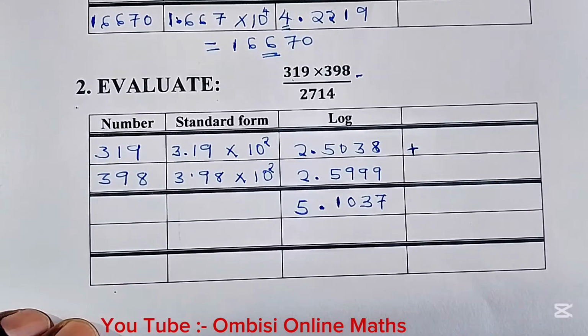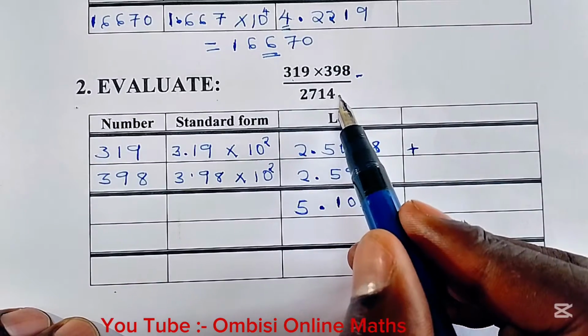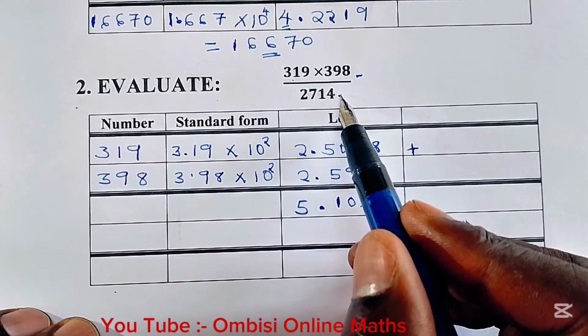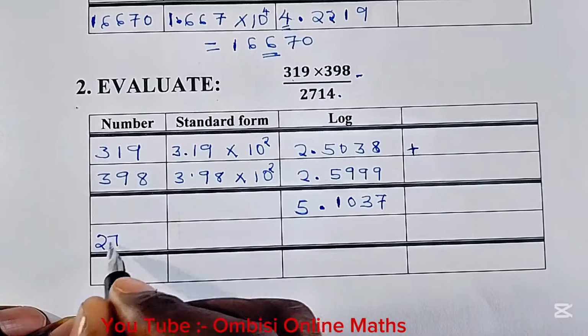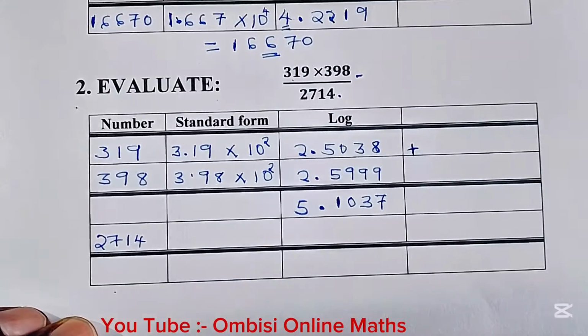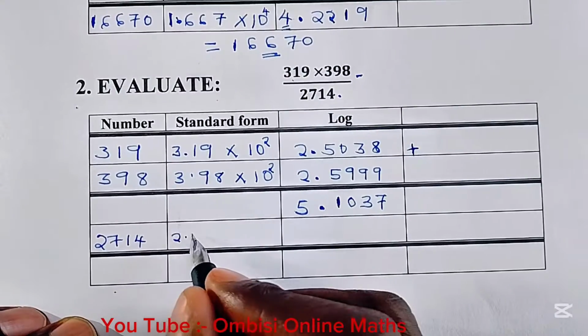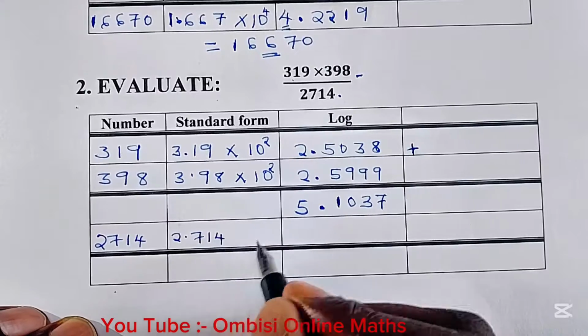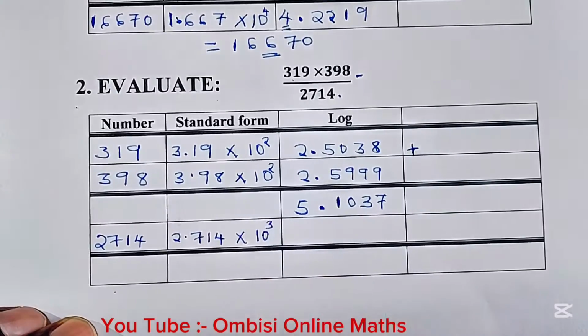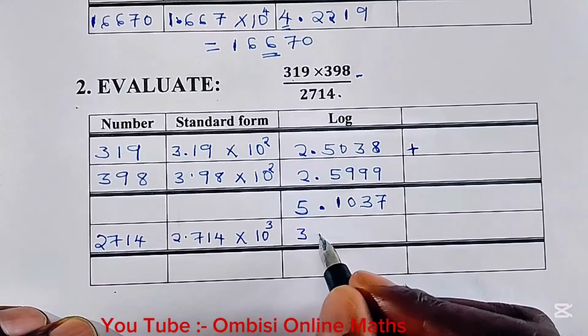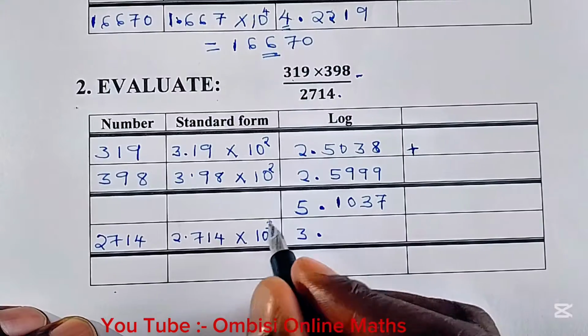Next, we have the denominator. The denominator that we have here is 2714, which is 2.714 times 10 raised to 3. So what we have here is 3 point, that is the power.